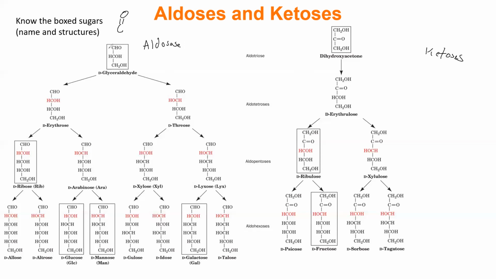If that C double bond O happens at position 1, it's an aldose. If it happens at position 2, it's a ketose.